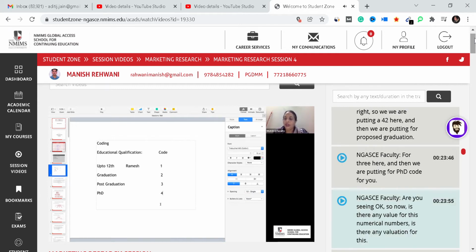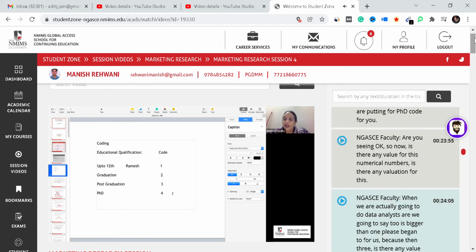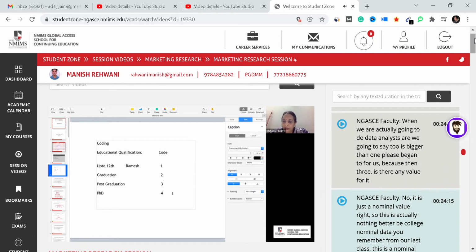Are you seeing? Okay. So now, is there any value for these numerical numbers? When we do data analysis, are we going to say 2 is bigger than 1, 3 is bigger than 2, 4 is bigger than 3? Is there any value for it? No, it is just a nominal variable, right?